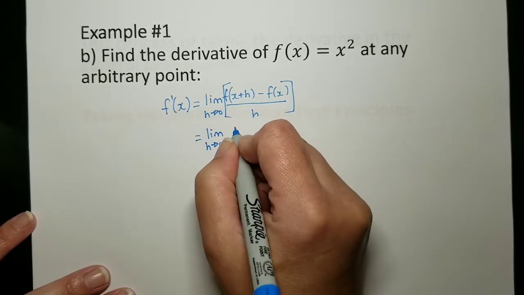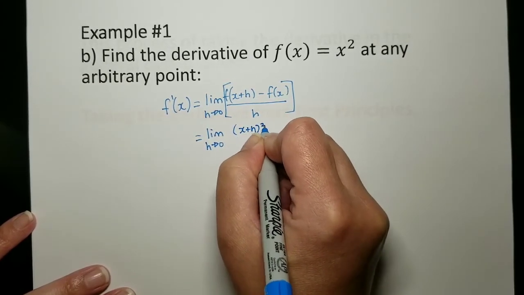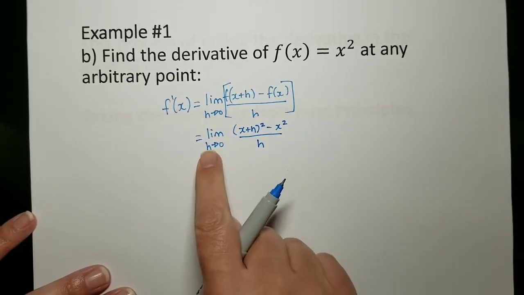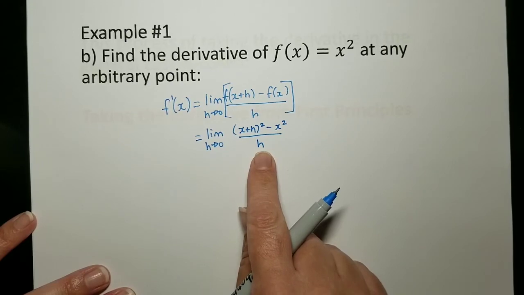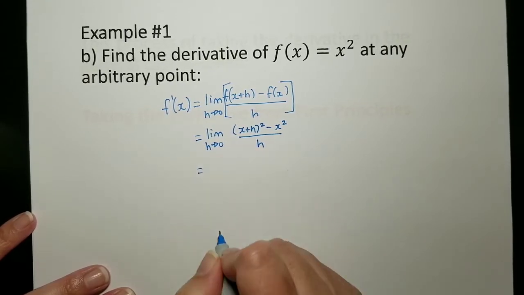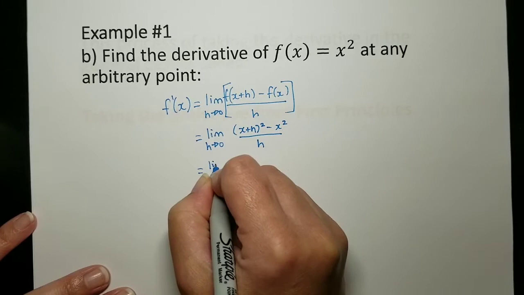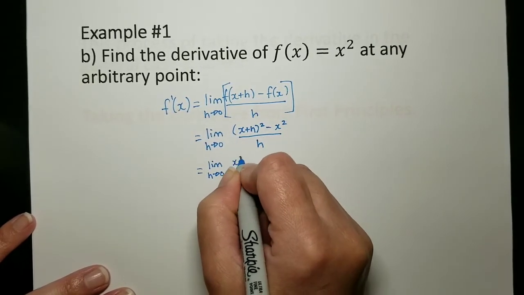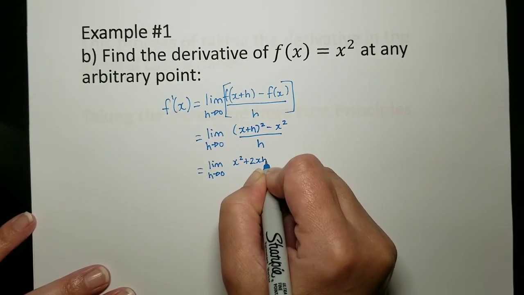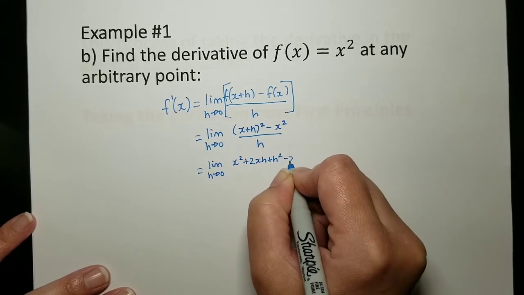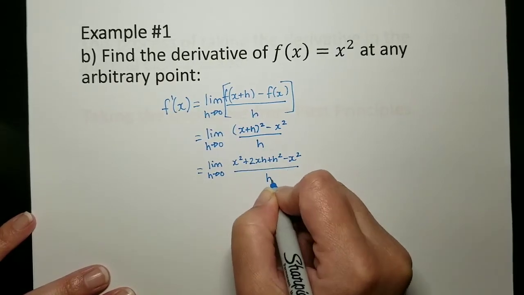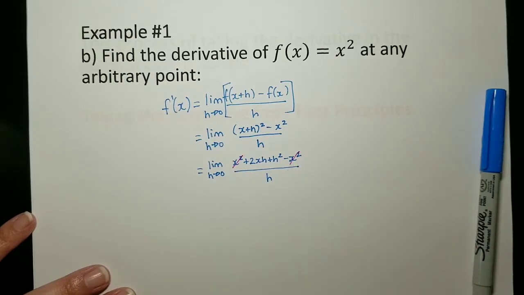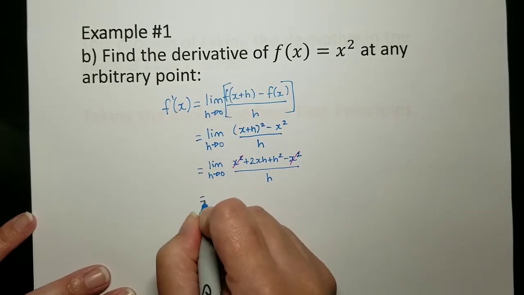So here f at x plus h is x plus h squared minus f at x is x squared over h. And obviously I would get an indeterminate form if I subbed in. I've got a 0 on the bottom, so I can't put that h in. So the limit as h approaches 0, FOIL this top piece out, x squared plus 2xh plus h squared minus x squared all over h. So now you'll see this is looking a little bit reminiscent of the previous one where we had x equals 2.